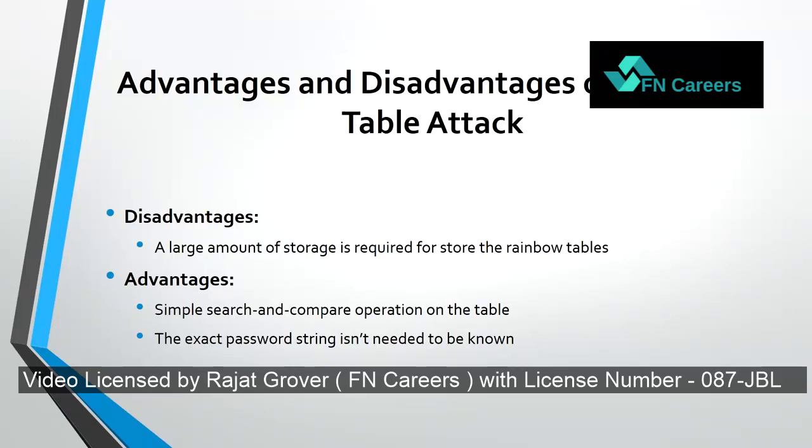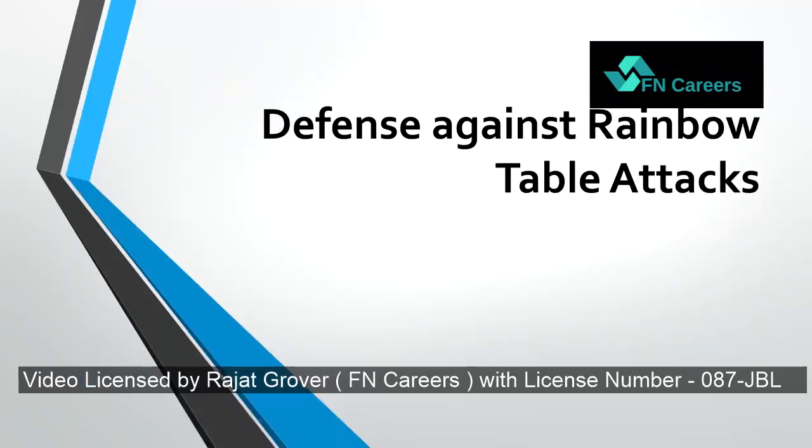The last step here is to know the defense against rainbow table attacks. Rainbow table attacks can easily be prevented by using salt techniques, which is random data that is passed into the hash function along with the real plain text.